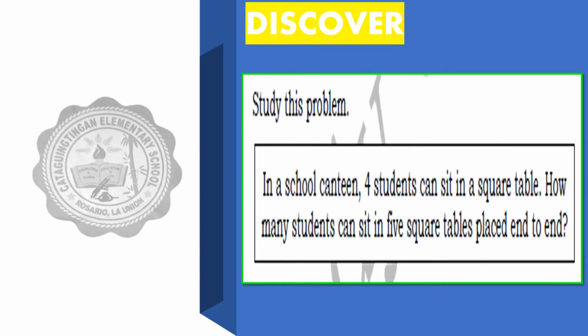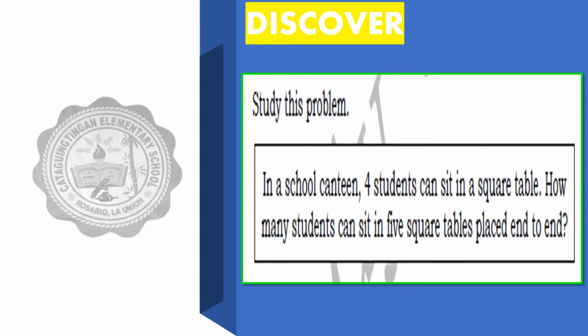Okay, let us read another problem. You can follow me in reading if you want to. In a school canteen, 4 students can sit in a square table. How many students can sit in 5 square tables placed end-to-end?